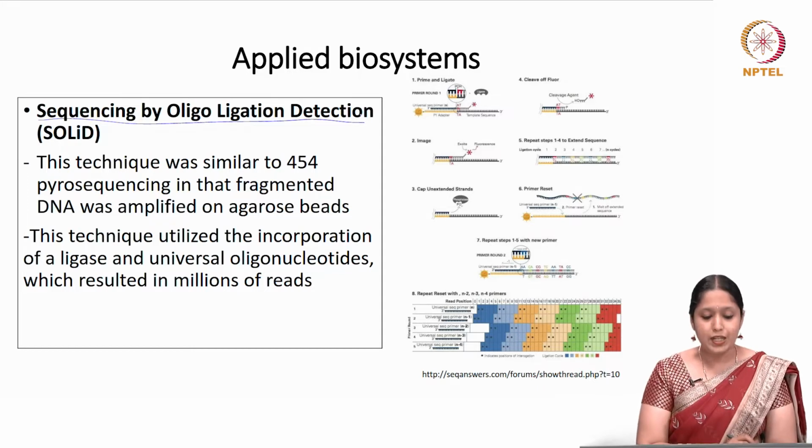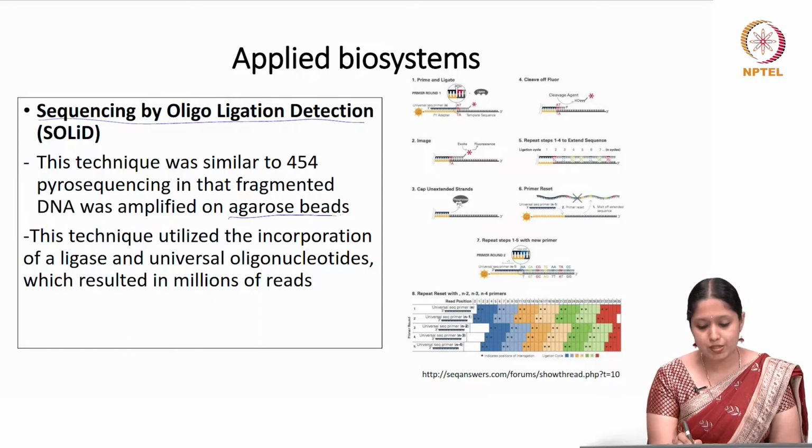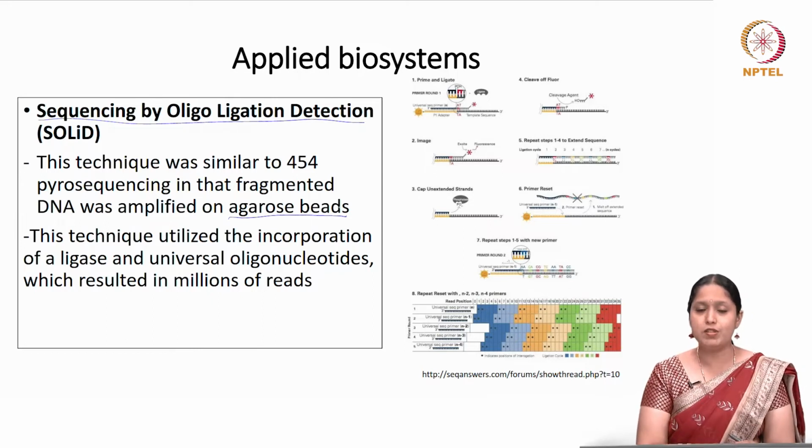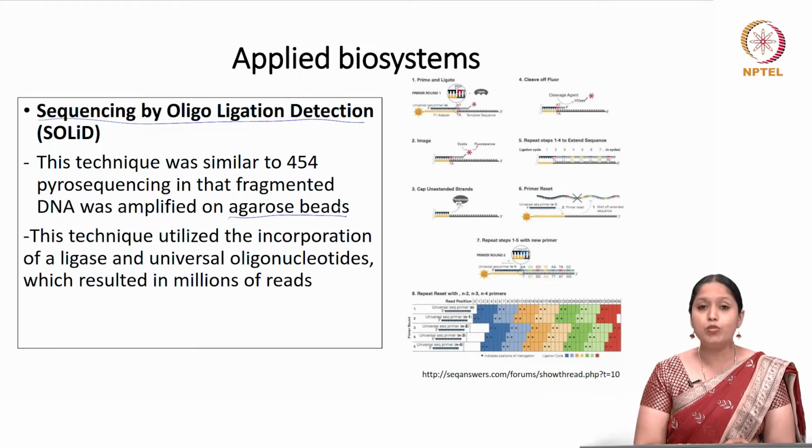In that, the fragmented DNA was amplified in an emulsion, whereas here the fragmented DNA was amplified on agarose beads. This technique utilized the incorporation of a ligase and universal oligonucleotides, which results in millions of reads. So this is one type of Applied Biosystems, SOLiD or sequencing by oligo ligation detection.